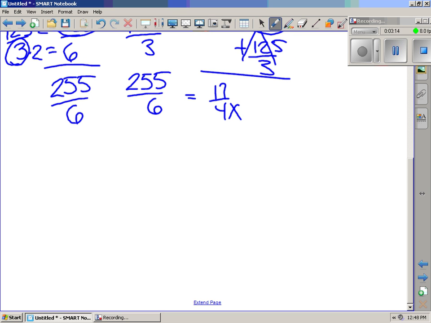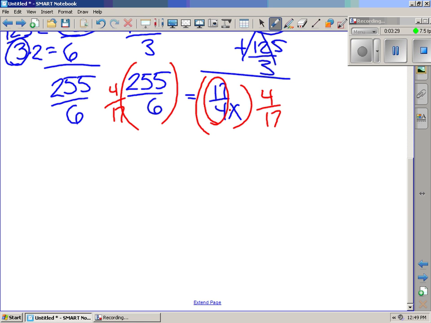Now what we're going to do is get rid of this 17/4 that is being multiplied by the x. We're going to multiply by the reciprocal to get rid of it. Whatever you do to one side, you must do to the other as well. On the right side, 17 times 4 gives us 68.